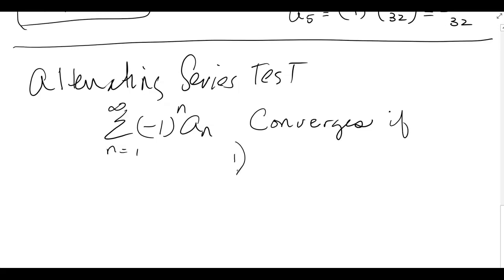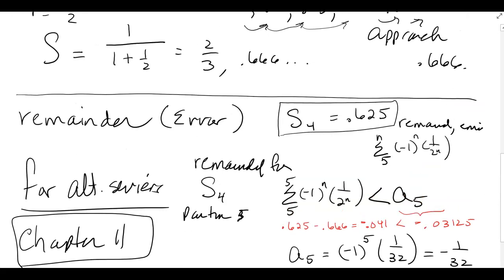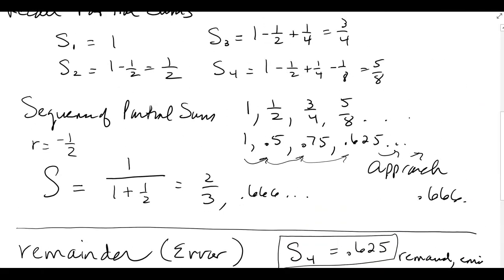And these two conditions, the first one is the magnitude of one term is less than the other terms. In other words, a sub 1, the next term is smaller than that. It's kind of got this decreasing. Okay, and these are the actual terms. Don't get this confused with when we were doing this sequence up here where we were talking about partial sums.